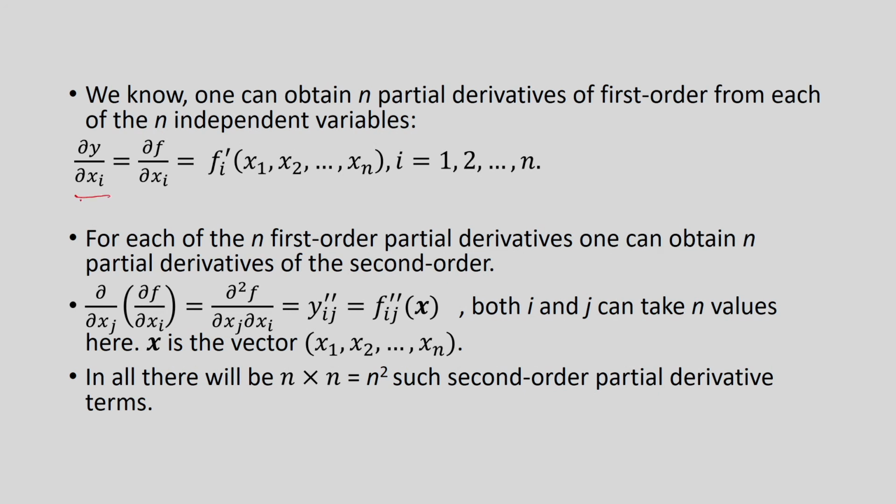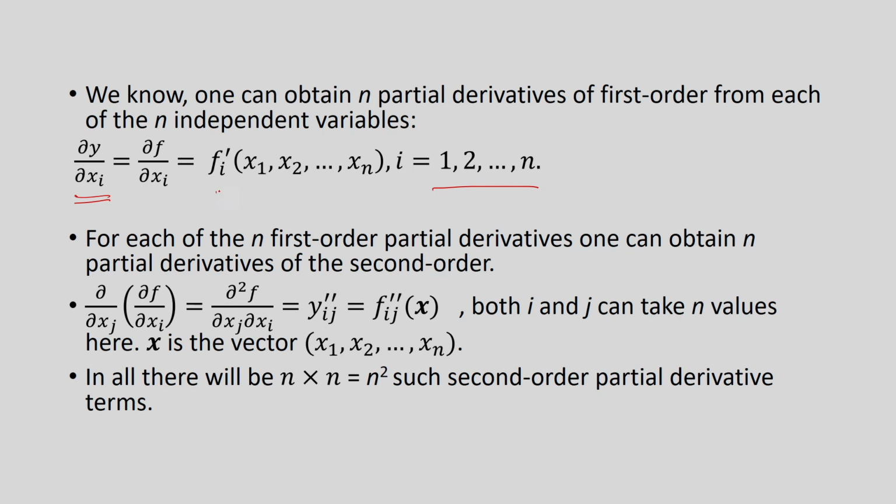So, this is written as ∂y/∂xᵢ, where i can take any of these values. So, ∂y/∂x₁ could be the partial derivative with respect to x₁, then you have ∂y/∂x₂, ∂y/∂x₃, etc., ∂y/∂xₙ. So, n partial derivatives could be obtained, and all these derivatives are of the first order.